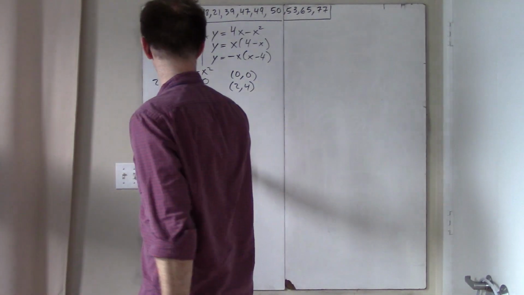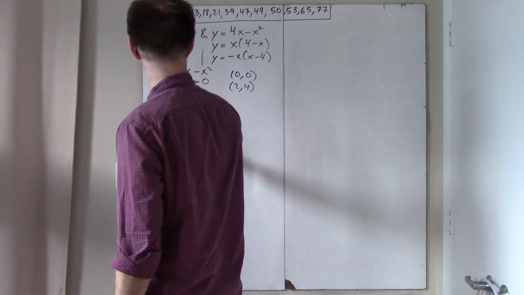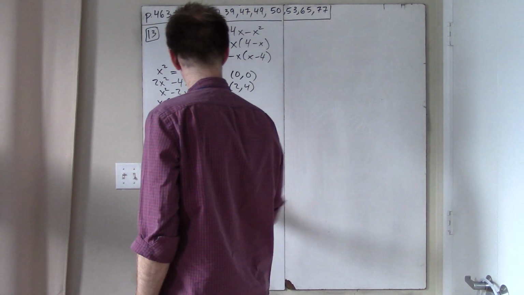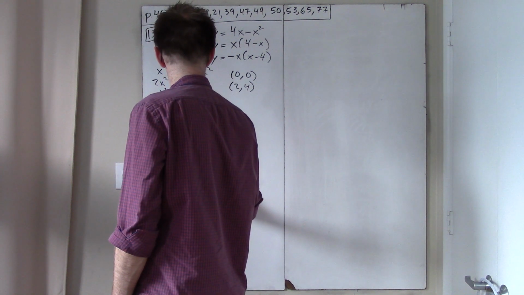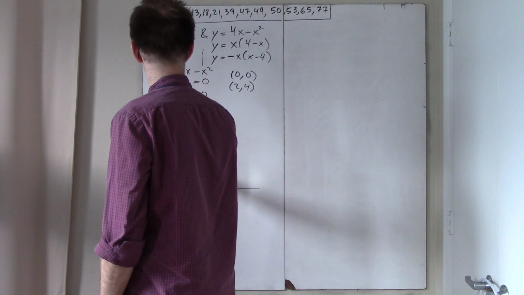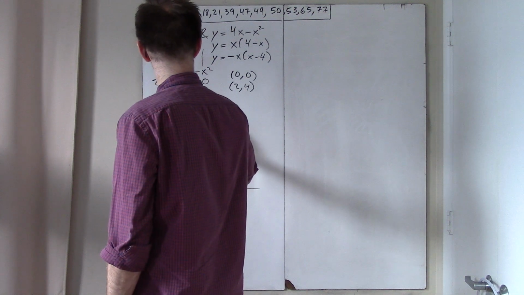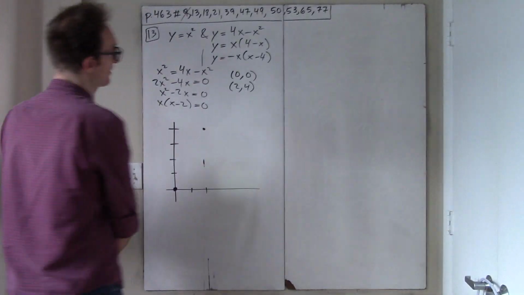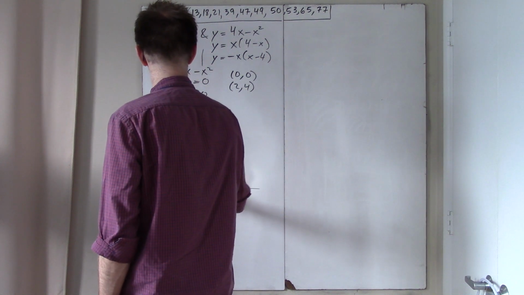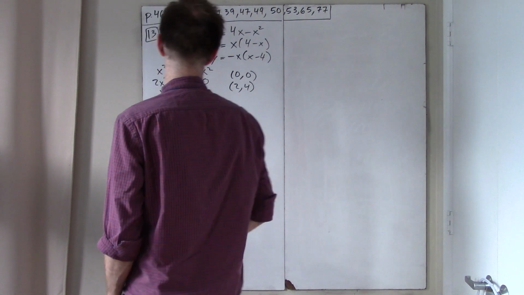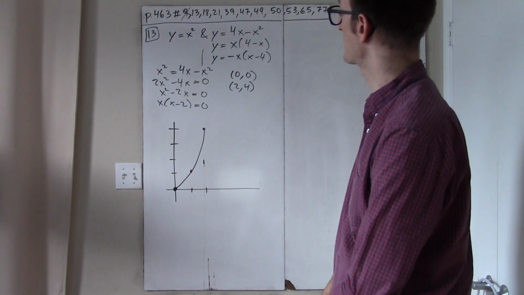Okay, so now we can graph this, I guess. So here we go. Here is the origin. And then 1, 2, 1, 2, 3, 4. So way up here is what one of the parabolas is going to look like, like that. And that's the parabola y equals x squared.